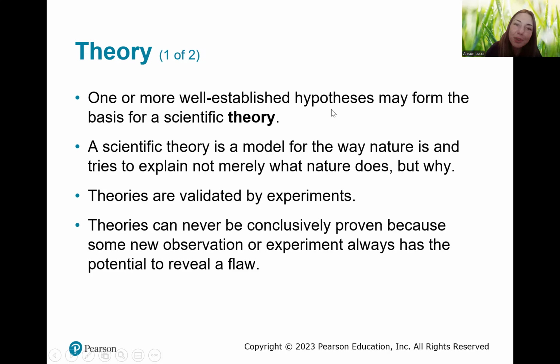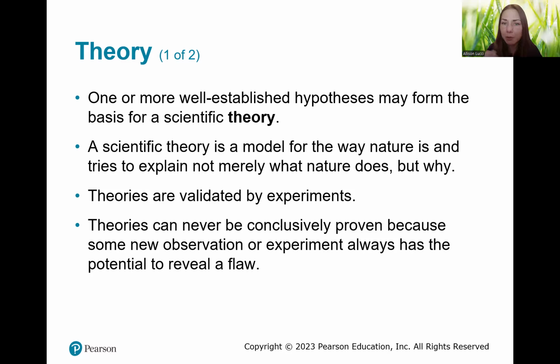So, theory. After we have well-established hypotheses, we can form what's called a theory. This is a model that we create. So things like kinetic molecular theory, we'll learn about when we talk about gases. When gases move, we can talk about their motion in light of a theory.